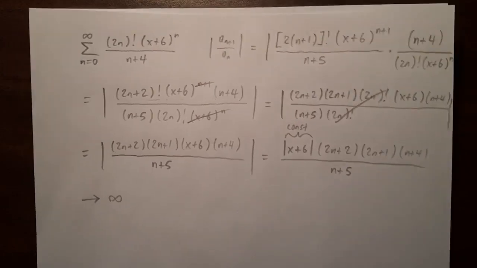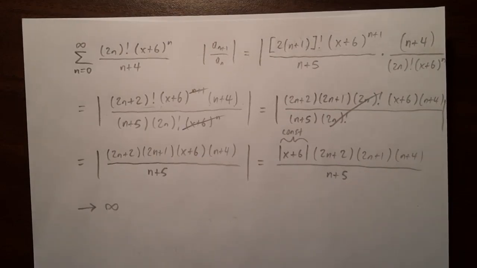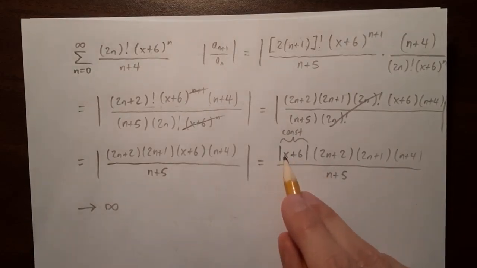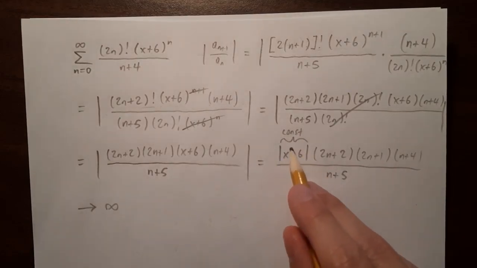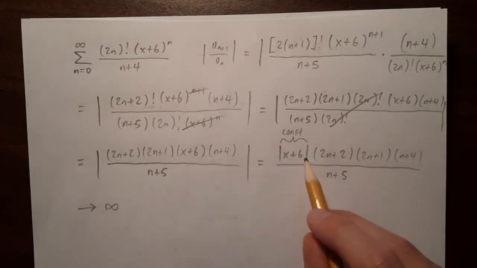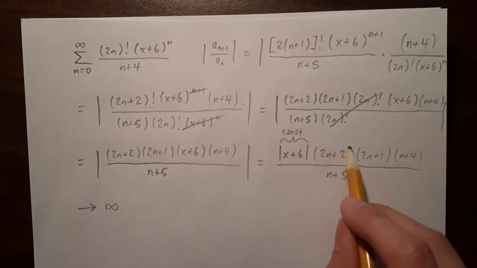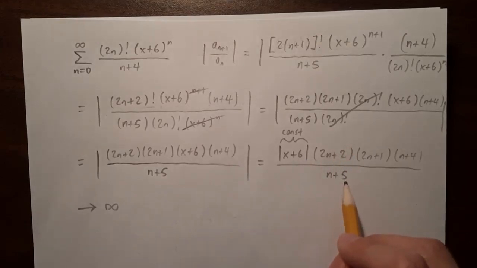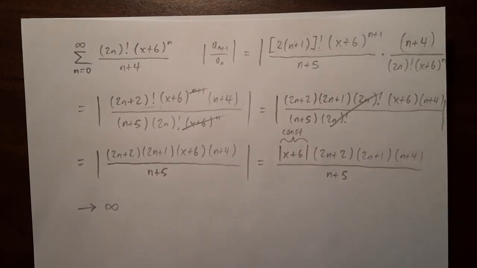Well, okay, so, well, almost for any coefficient. It turns out there is actually one little exception. If it turns out that this coefficient, this constant, x plus 6, if that thing turns out to be 0, well, then that'll annihilate everything. I'll have 0 on top and n plus 5 on bottom, so it will actually converge trivially to 0.